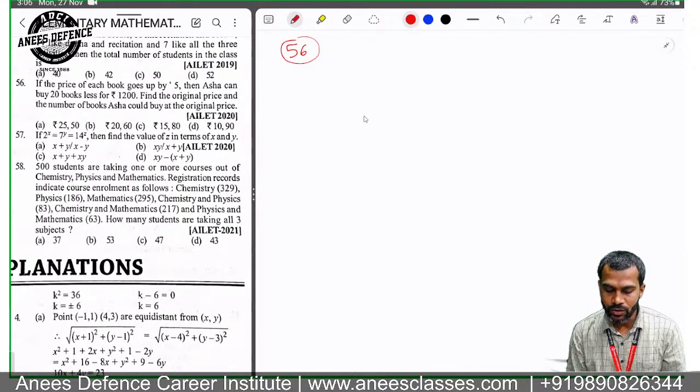If the price of each book goes up by 5 and Asha can buy 20 books less for rupees 1200, find the original price and the number of books Asha could buy at the original price.